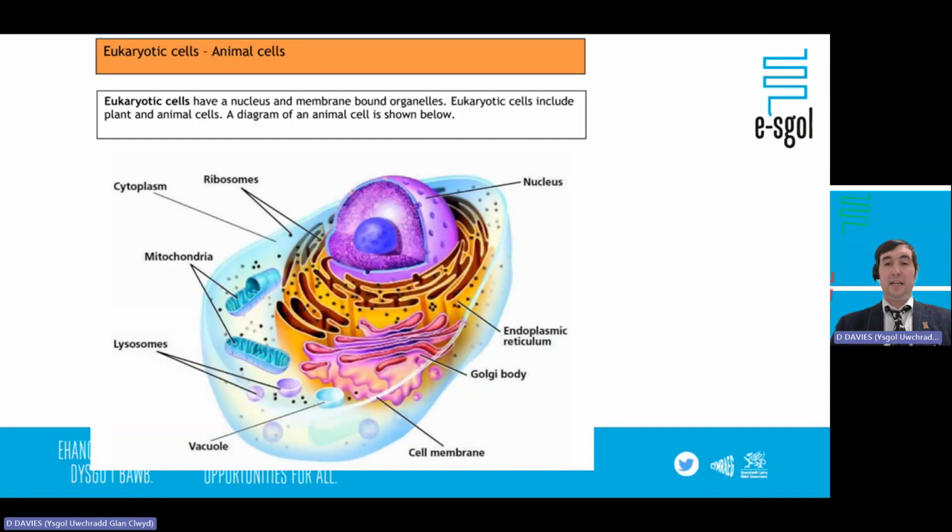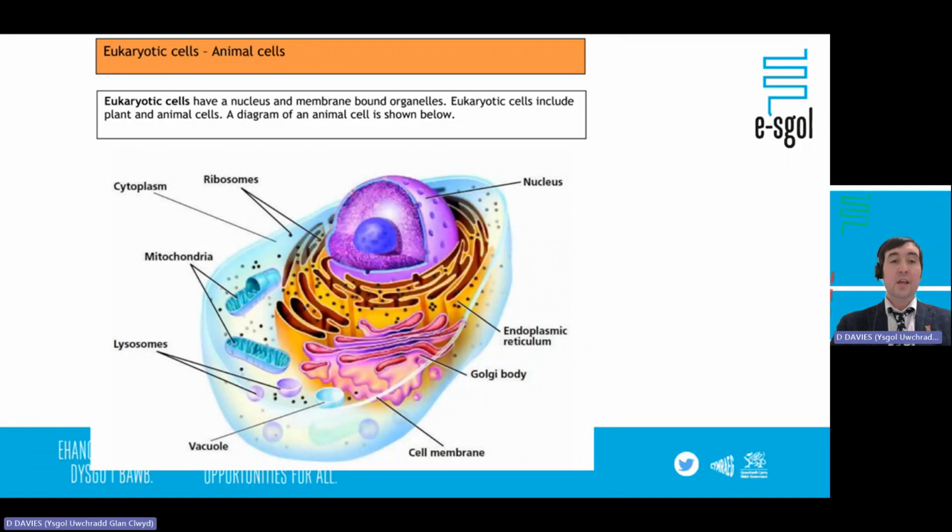Basically you need to know the structure and function of the cells. Now I know this isn't like the diagram that you're used to at GCSE. There are lots more things in it, and even the things that are in it that you remember from GCSE, they now have more complex functions.